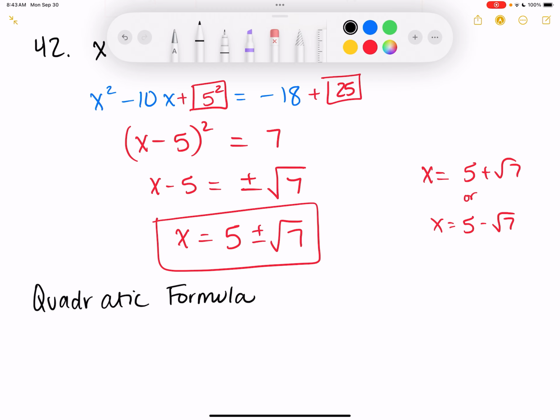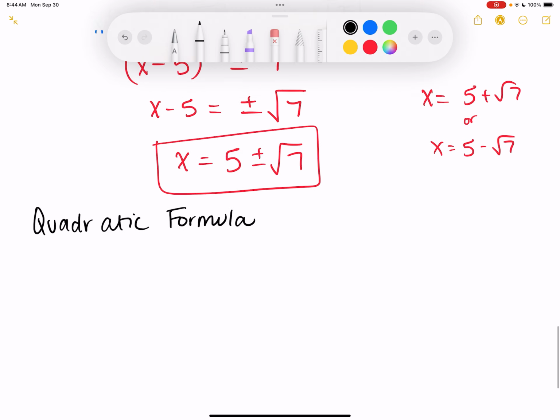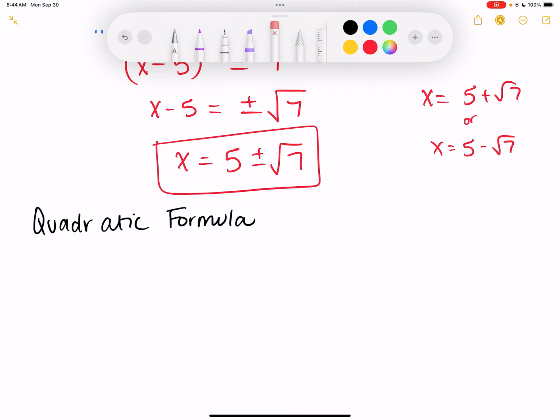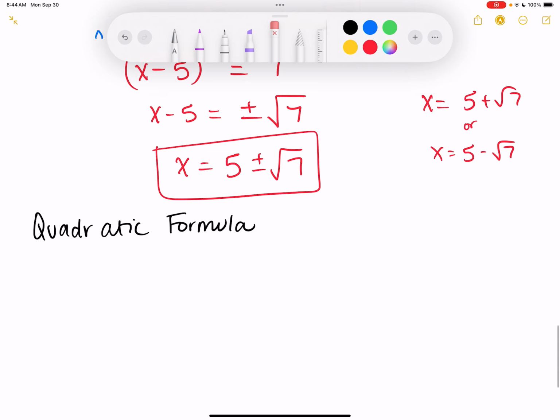All right, so what in general is the quadratic formula? Like, what's my formula for that? Yep.